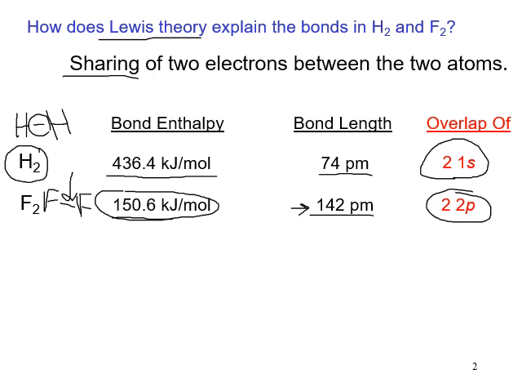And that might be okay, because these are both linear molecules. And since they're linear, if these two s orbitals overlapped, you would get something like this, and those hydrogens would be right next to each other, and that would form a linear bond. And the same thing with the p orbitals.